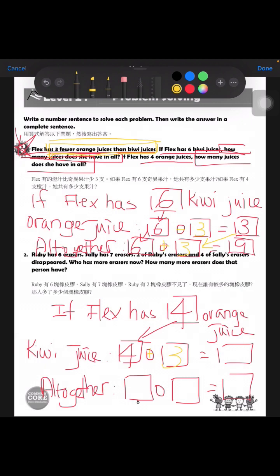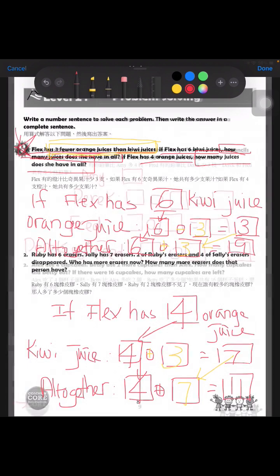That means she has 3 more kiwi juices than orange juices. So 4 plus 3 equals to 7. And how to find the total number? We will use the information we know again. 4 orange juice plus how many kiwi juice? 7. Right. So 4 plus 7 equals to how many? Yes, 11.